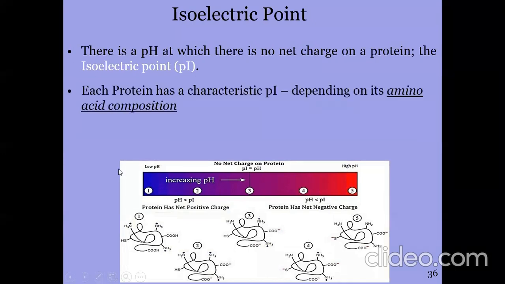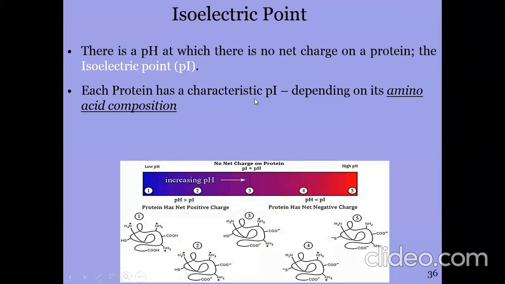And after that, each protein has a characteristic PI depending on its amino acid composition. So this is one of the proteins that has been shown. Different proteins will have different PI, and the isoelectric point will be determined by the amino acid composition of the protein.